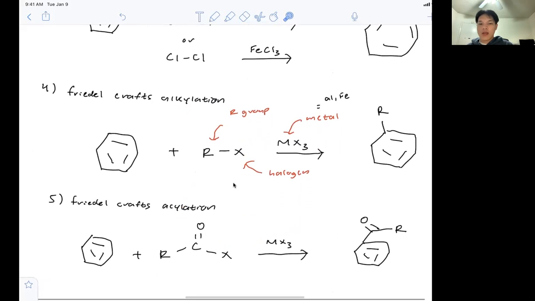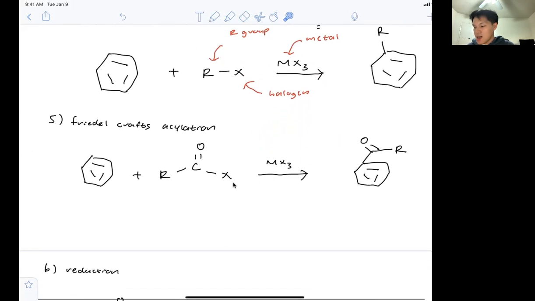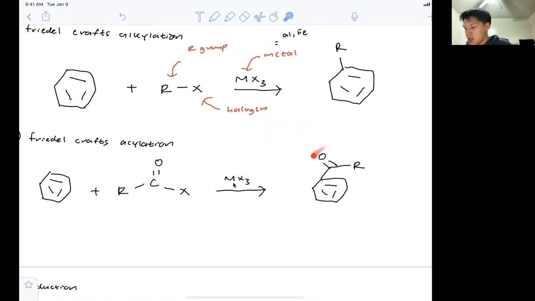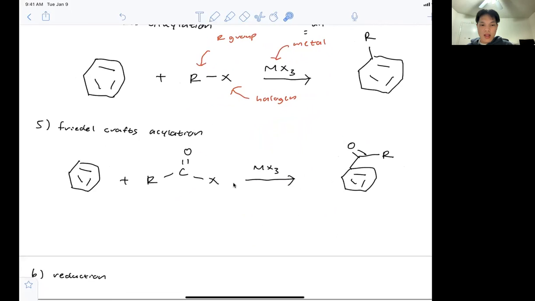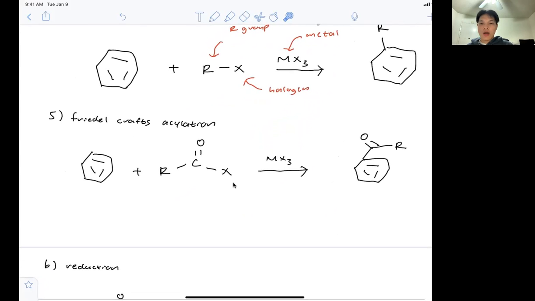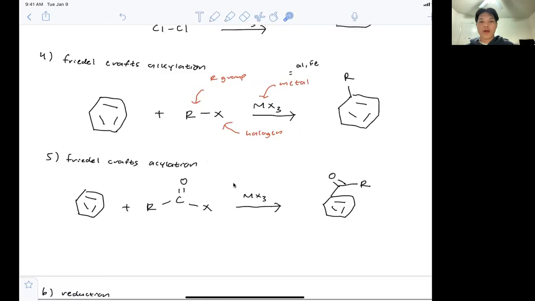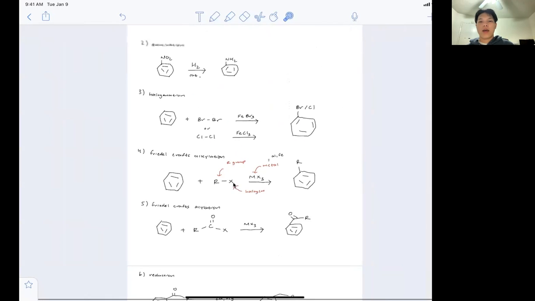Alkyl, acyl. So we have this ketone-looking group attached to an R group and a halogen, right? And then we have the metal with the trihalogen, and it makes this type of molecule right here. Okay, so let's go into the next one, which is reduction. So the reason why I'm showing you these reactions is that in 40B, you focus a lot on synthesis, right?